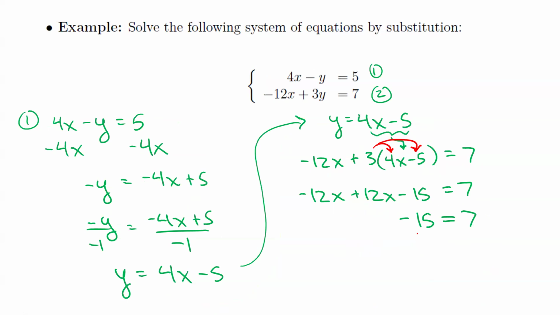And so the idea here is that we ended up with a false statement, and it didn't matter what we let our x be. The statement was always going to be false. And so when that happens, that's like when we had those two parallel lines when we were solving by graphing. That's when we have no solution.